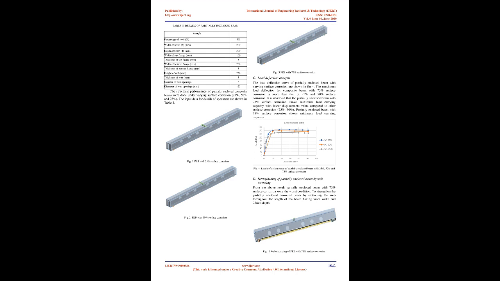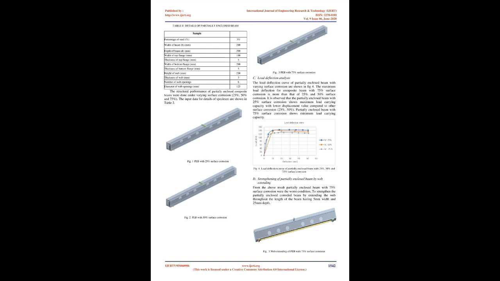It is observed that the partially enclosed beam with 25% surface corrosion shows maximum load carrying capacity with lower displacement value compared to other surface corrosion, 25%, 50%. Partially enclosed beam with 75% surface corrosion shows minimum load carrying capacity. Fig. 4. Load deflection curve of partially enclosed beam with 25%, 50%, and 75% surface corrosion.